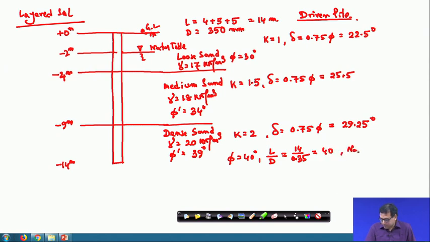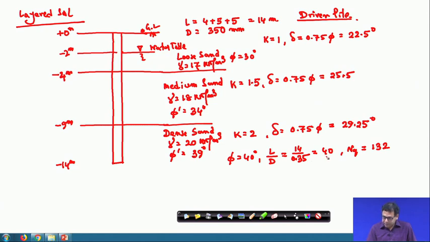So, from the chart Nq value is equal to 132. One thing I want to mention is that a few researchers have suggested that you take the length of the last layer where the pile is penetrated, that means 5 meter, when you calculate the L by D part. But I would recommend taking the total length of the pile and the diameter of 0.35, and taking the phi value of the layer where the pile is rested.